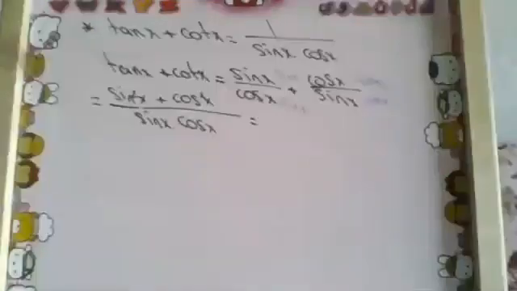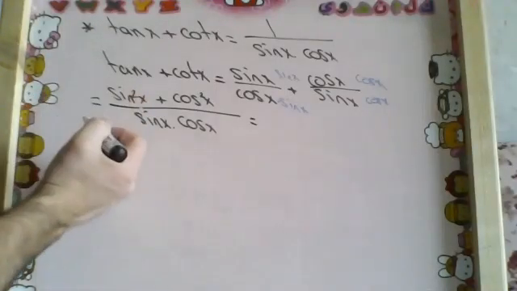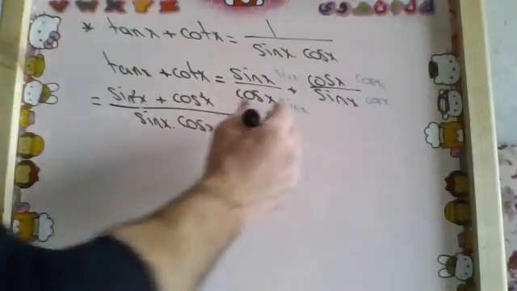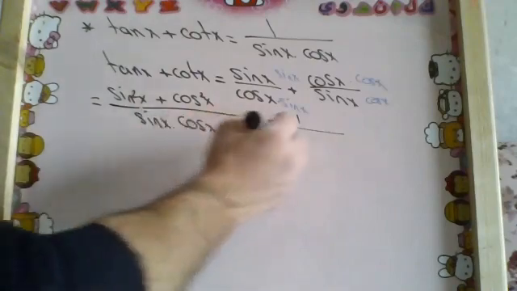Sine squared plus cosine squared is 1. So 1 over sin x cosine x.